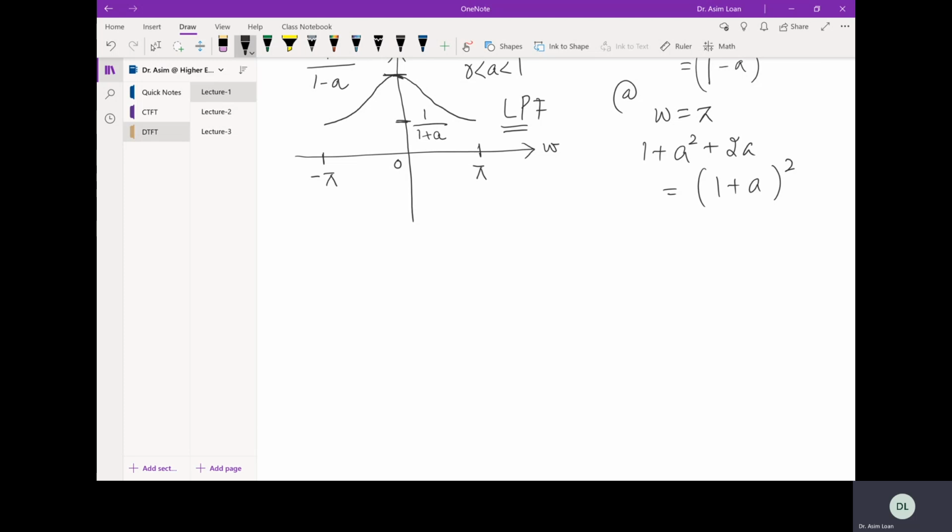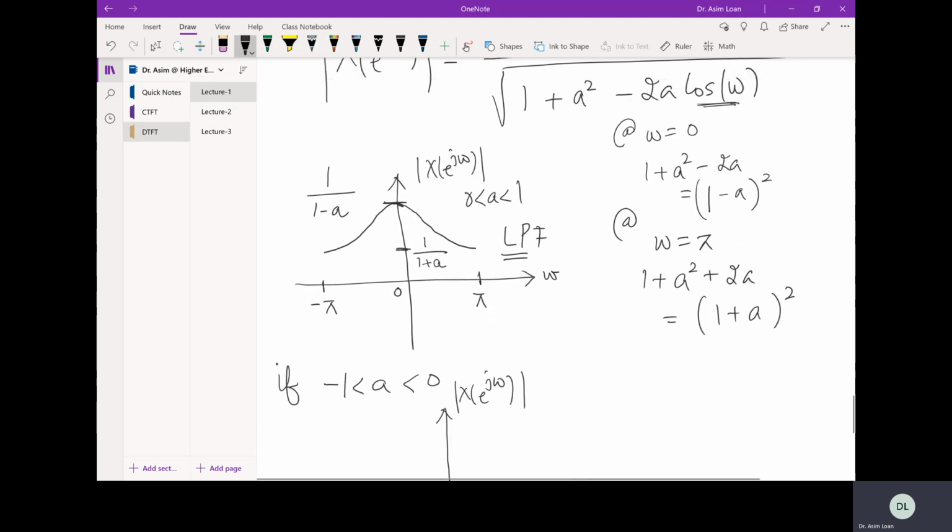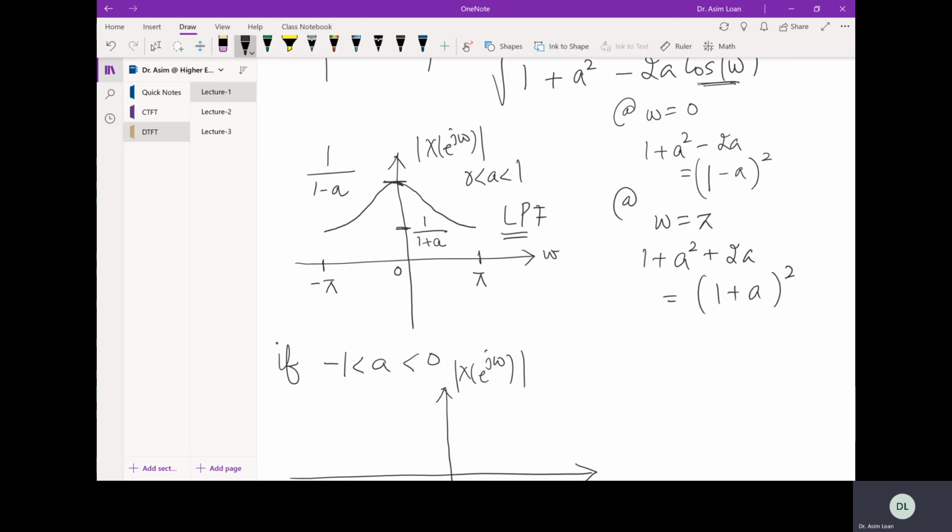What about if a is between minus 1 and 0? Again, this is the magnitude. At omega equal to 0, this is going to be 1 minus a whole square.